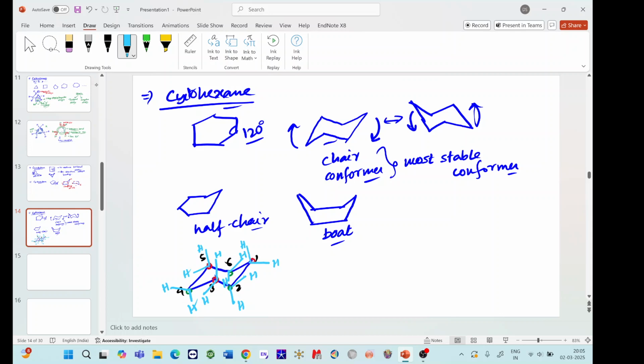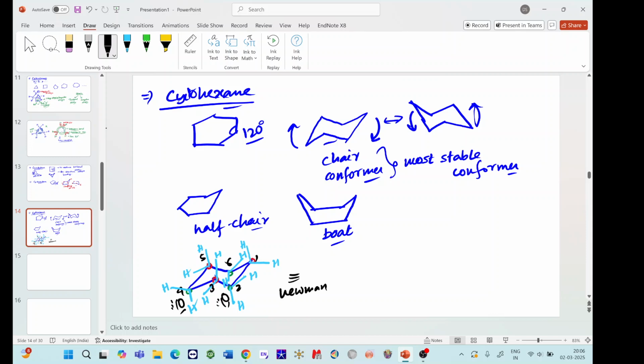So now I'll move this one to the Newman projection. How should I view it? How should I consider it? So I will look from here. I will look from here.